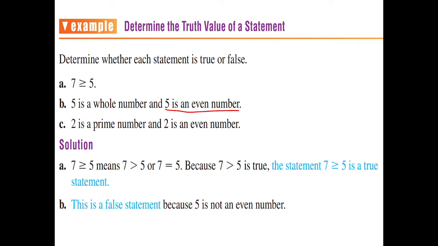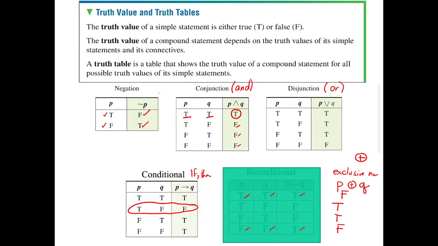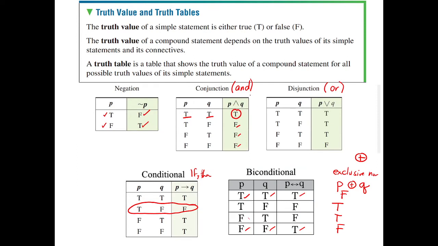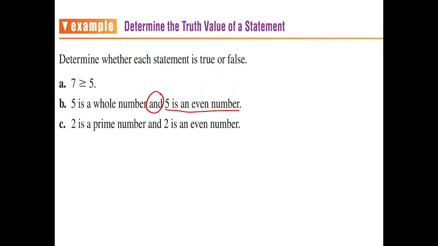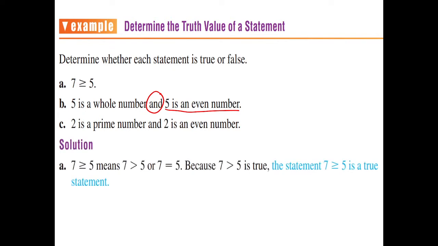And because I am using and, sir, ang and kay dapat true jud na siya para matrue siya. Ang or, sir, sa first example nahimo siyang true, although this is false, this is true, because I'm using or. Ang sa or dapat usa lang ka true, it will be true right away.